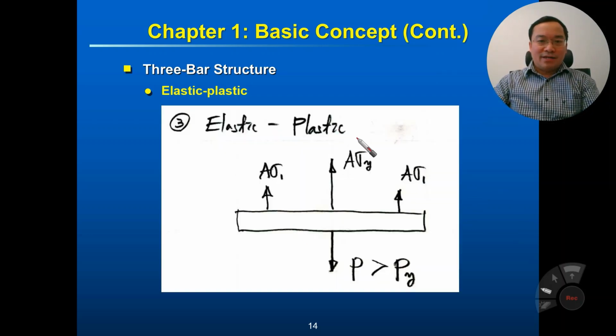Elastic plastic phase means P is greater than Py. This one is sigma Y, but sigma 1 is still smaller than sigma Y. Then we have the elastic plastic phase.